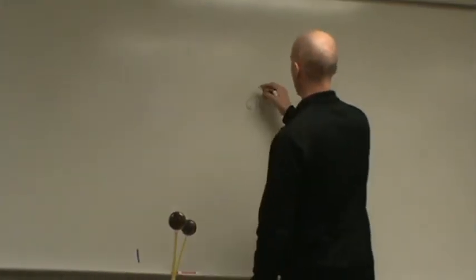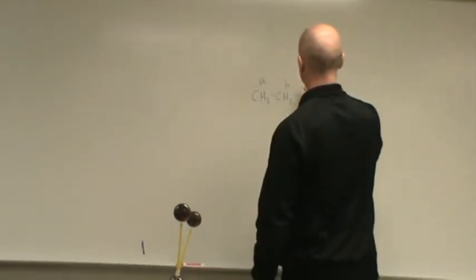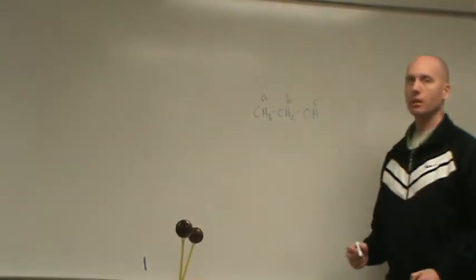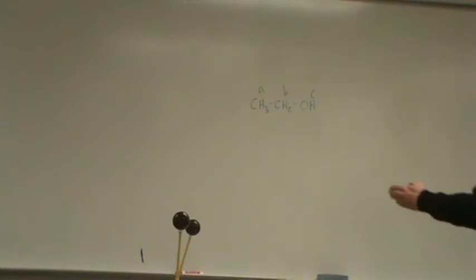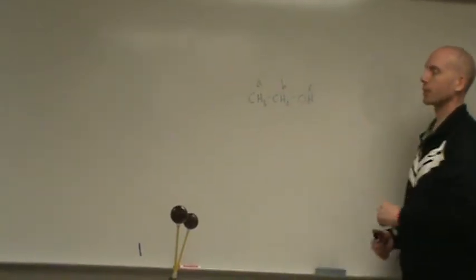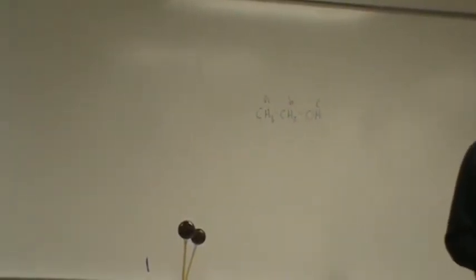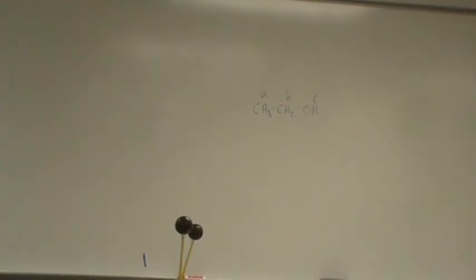Okay, so we can label these A, B, and C. Remember, if I see a hydrogen, it's got to show up. Doesn't matter if it's on an oxygen or a carbon or something else, it's going to show up. Okay, and there's no mirror plane in there, so all three of these will be different. Which one will be most downfield?